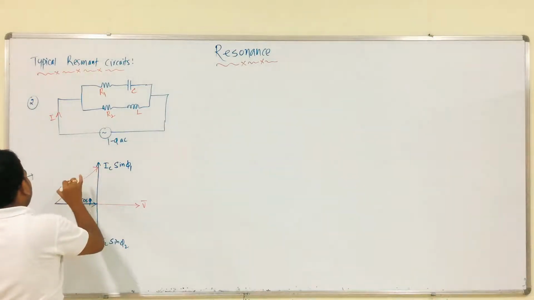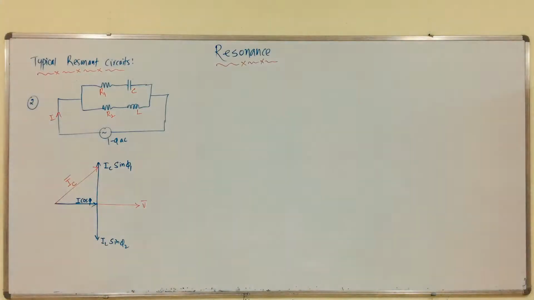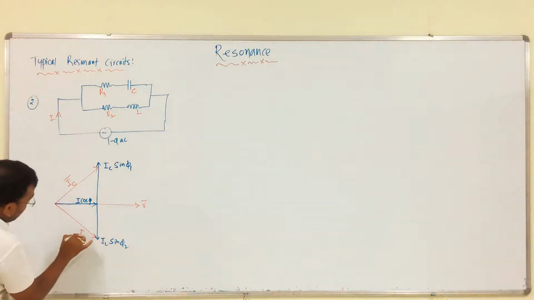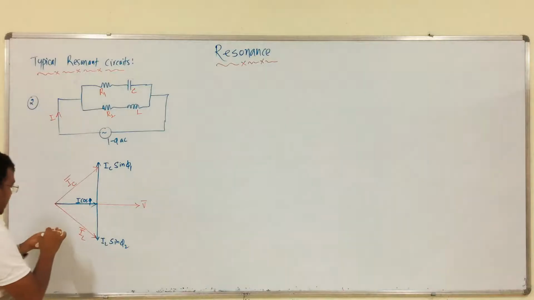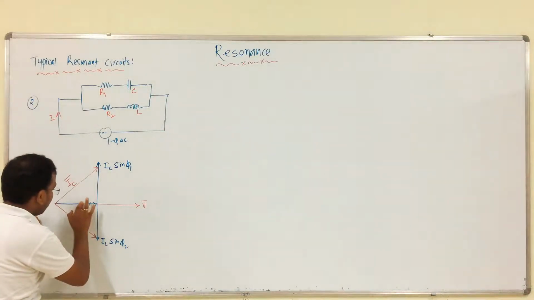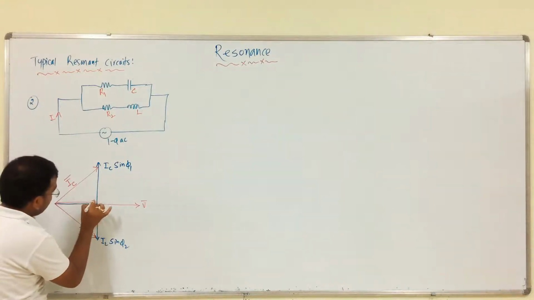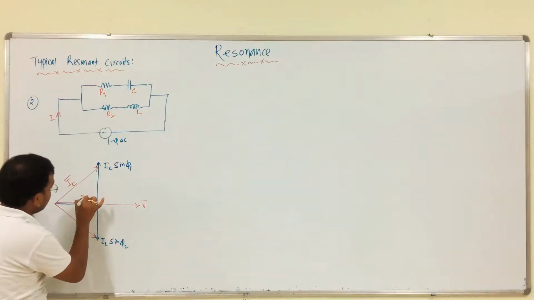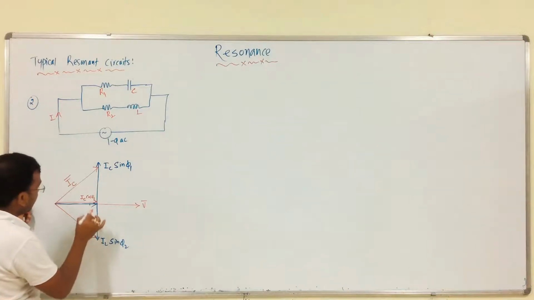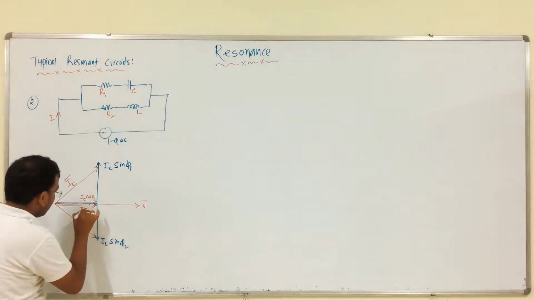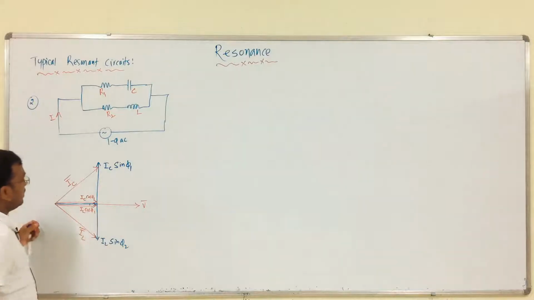so between these two resultants we can get IC, and between these two we can get IL. See, this is IC cos phi 1, this is IL, sorry, cos phi 1.